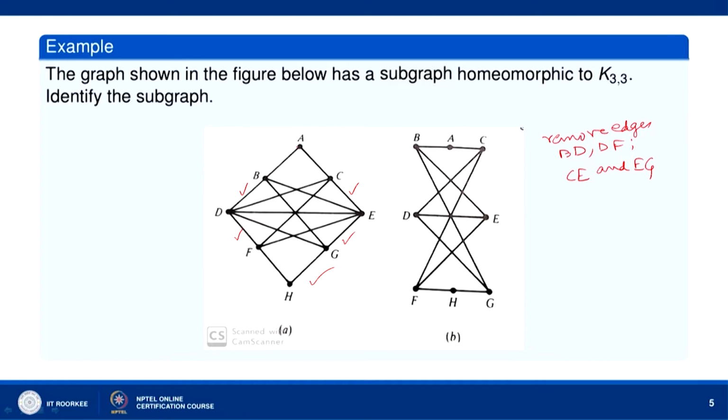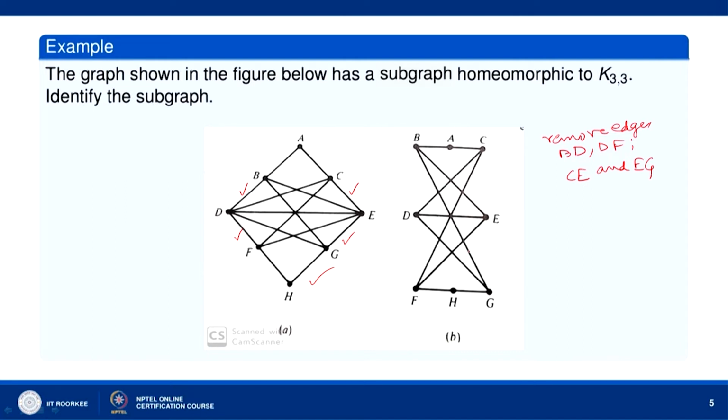You see, BC can be drawn as BC and then the vertex A here. Then this FHG can be drawn like this: FH and then HG, over this edge FG we put this vertex H. So, FHG we can draw like this, and then once we remove BD, DF, CE and EG, the graph takes this form.